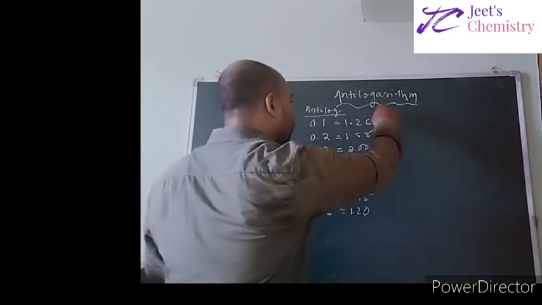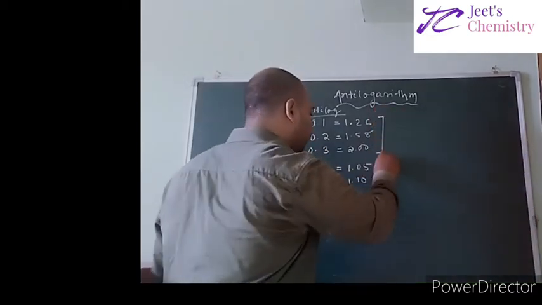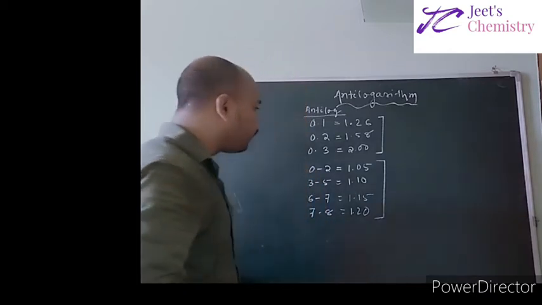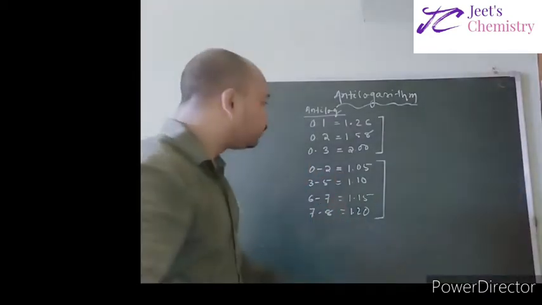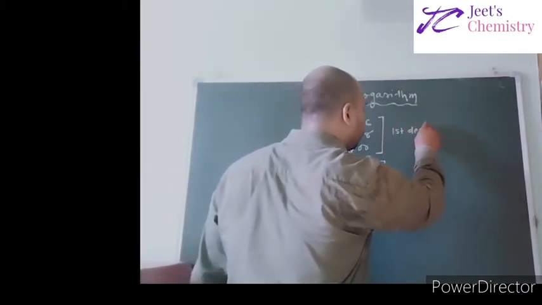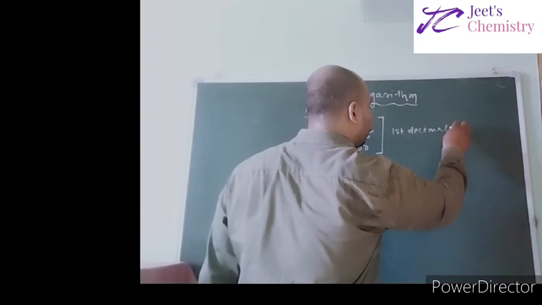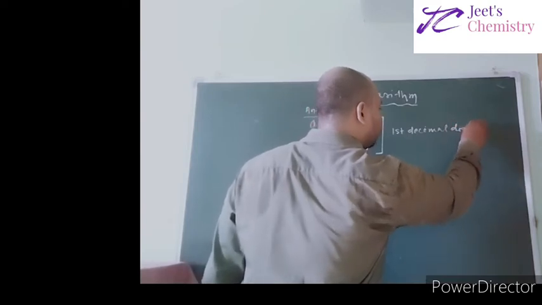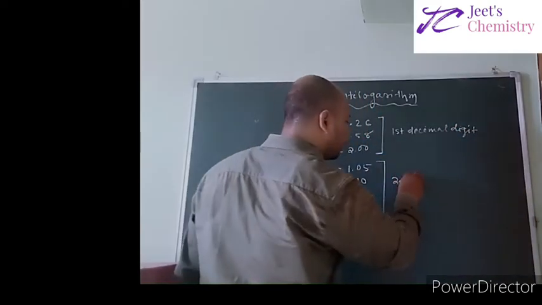Okay, here in the antilog table, this is the first decimal digit, and this is the second decimal digit.